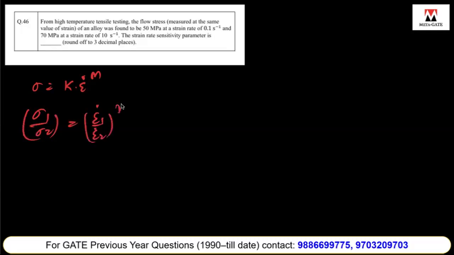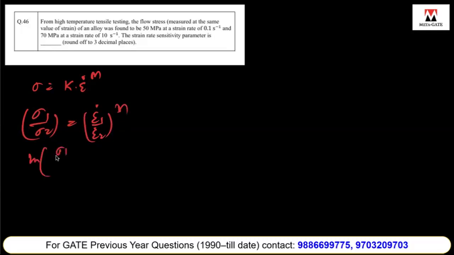From high temperature tensile testing, the flow stress of an alloy was found to be 50 MPa at the strain rate of 0.1 per second and 70 MPa at a strain rate of 10 per second. The strain rate sensitivity parameter is? So we know strain rate sensitivity is given by epsilon dot power m. So sigma 1 by sigma 2 is equal to epsilon 1 dot by epsilon 2 dot whole power m.